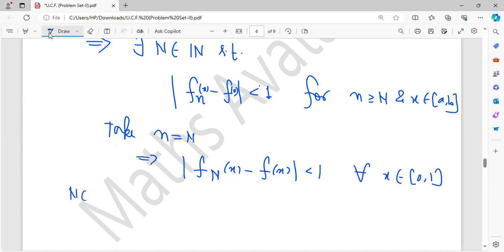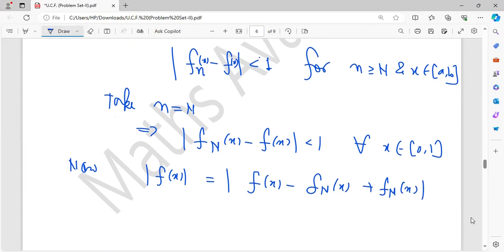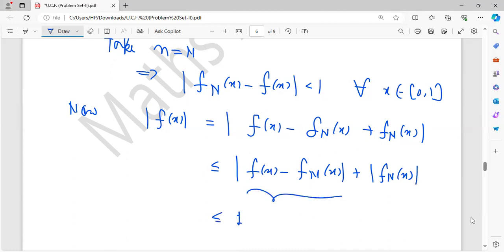Now fx, I can add and subtract fn x. So this is fx minus fn x plus fn x. So this is bounded by 1. So I can write 1 here.